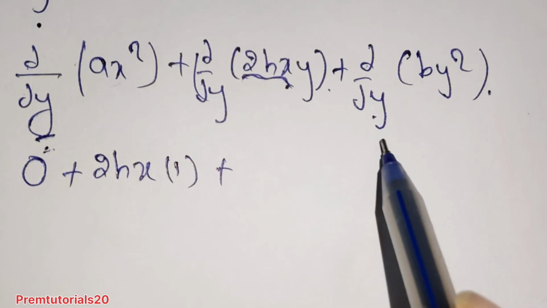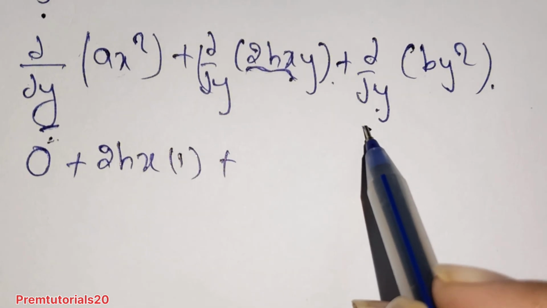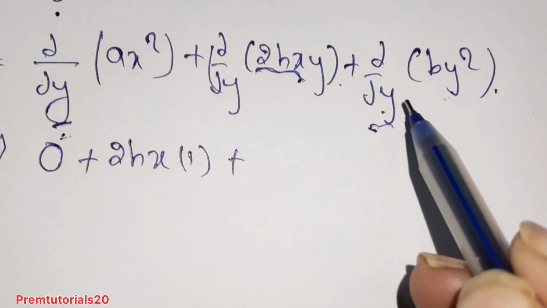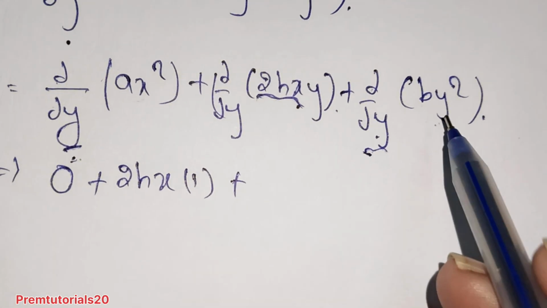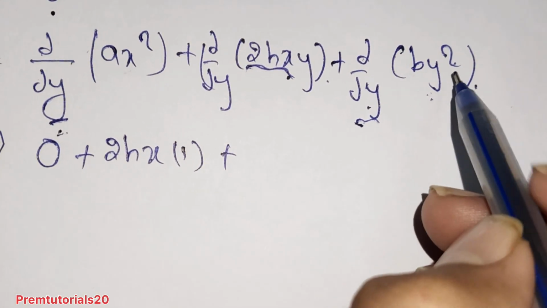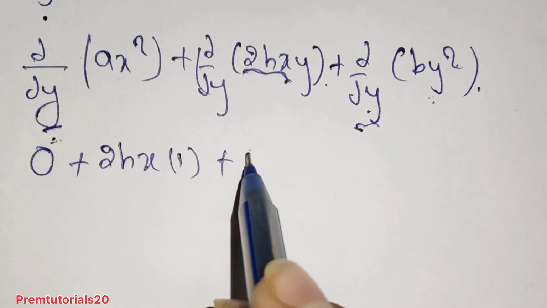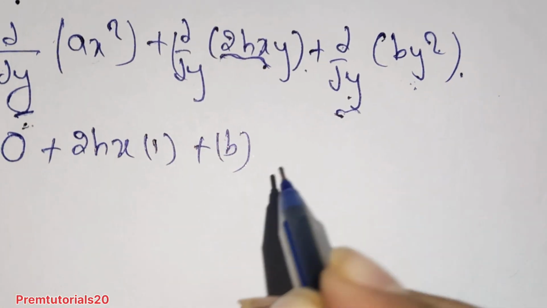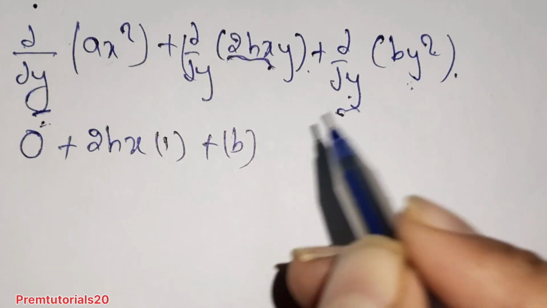Now it's time to differentiate with respect to y. What is the formula for dou by dou y of y power n? It equals n into y power n minus 1. Here b is the constant in front of the expression.